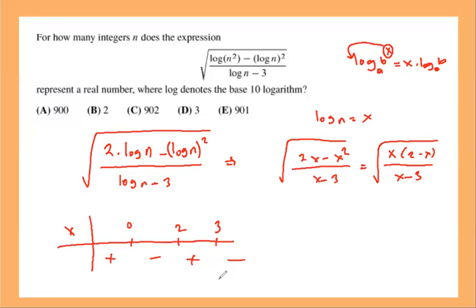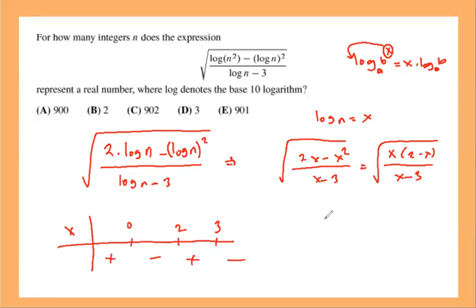Again, the sign changes immediately because there is no even multiplicity. You can always plug in some value to test that, but that would be the case. As soon as we have that, we just want to see when this is going to be positive. It's going to be positive if x is smaller than 0, or in between 2 and 3, right?